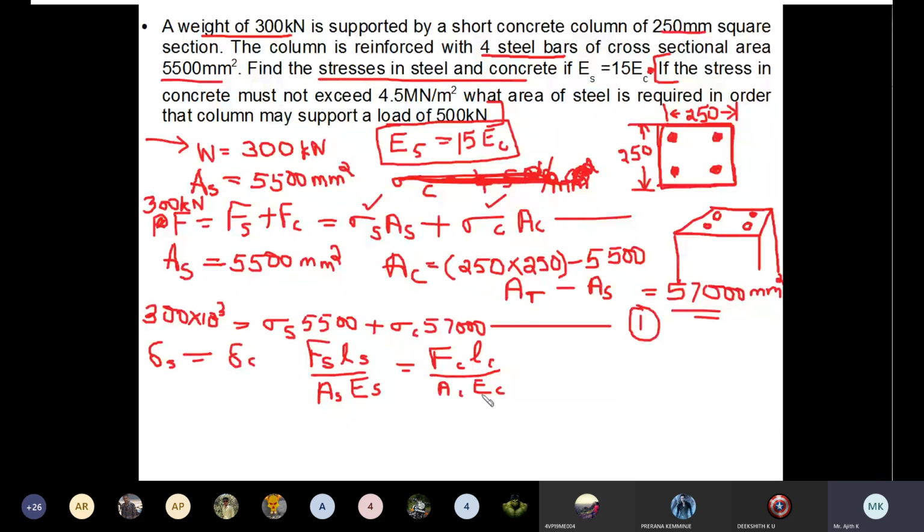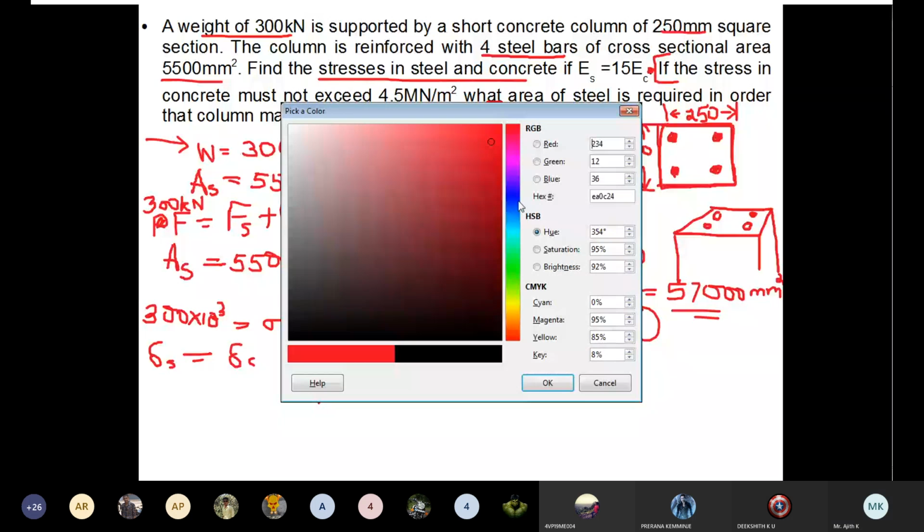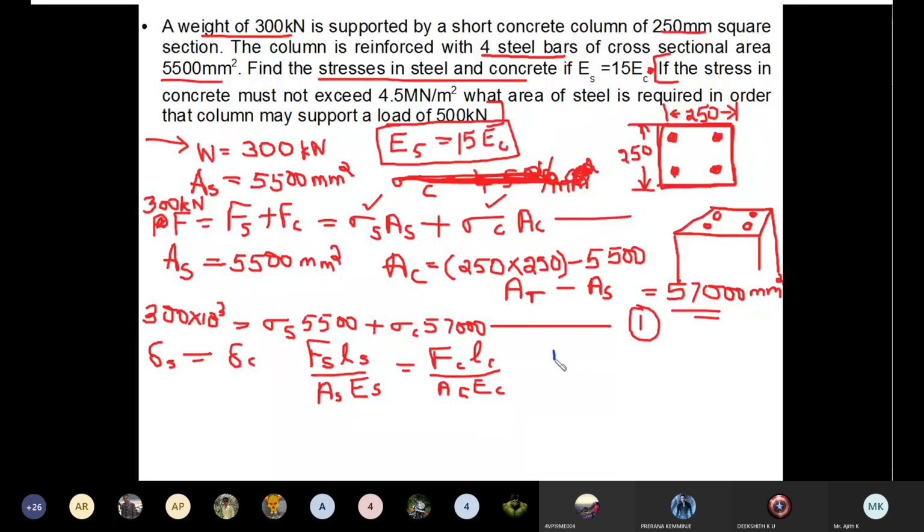Again, simplify this. F by A is sigma. So sigma S into length of steel divided by Young's modulus of steel is equal to sigma concrete into length of concrete divided by Young's modulus of concrete.